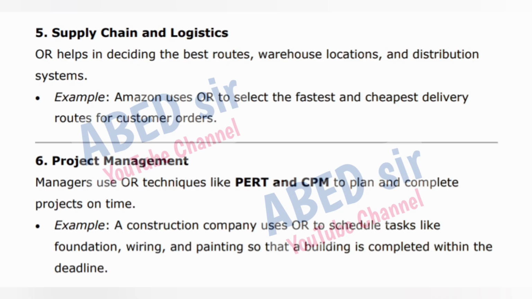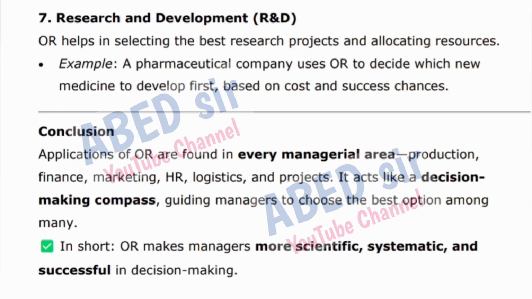Example: a construction company uses OR to schedule tasks like foundation, wiring, and painting so that a building is completed within the deadline. 7. Research and development, R&D. OR helps in selecting the best research projects and allocating resources. Example: a pharmaceutical company uses OR to decide which new medicine to develop first based on cost and success chances.